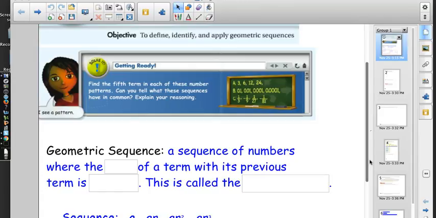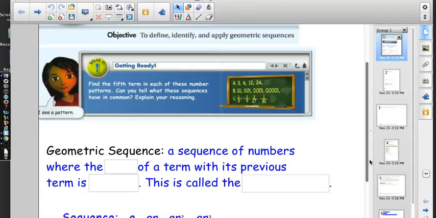So if we kept going, the next term would be 48. In B, what are they multiplying by? 1/10. Multiplied by 1/10 because we see another 0 moving here to the right-hand side. How about in C? Negative 1/3. Whenever we see that positive, negative piece, it has to be a negative.